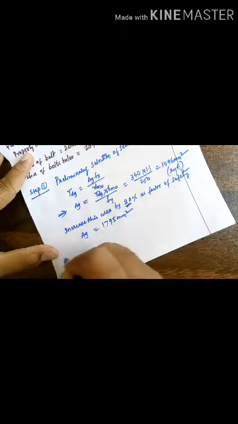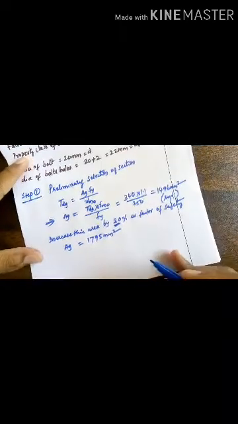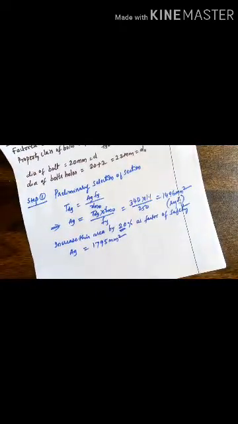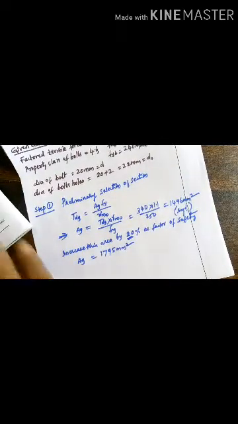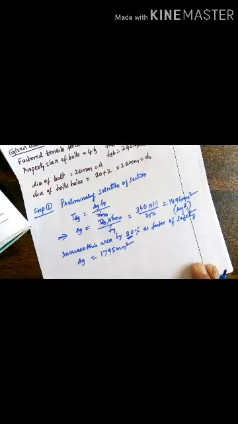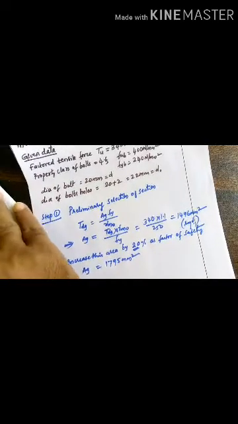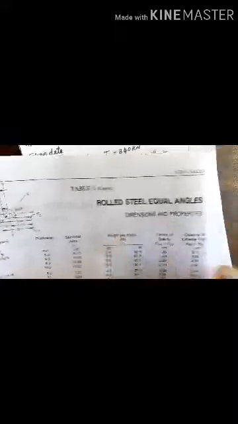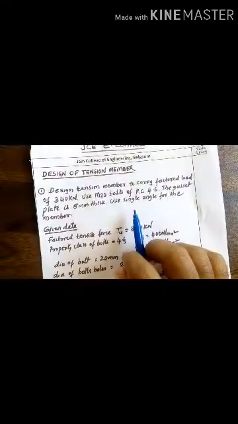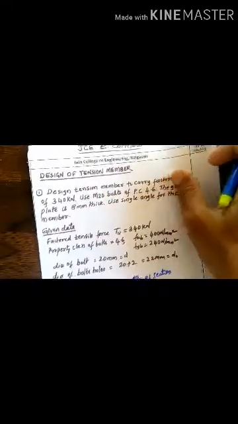Then for this increased area, just refer to the steel table, which section will give you this area. In this steel table there are rolled steel equal angle sections, and in the problem given, a single angle section is to be provided for the member.